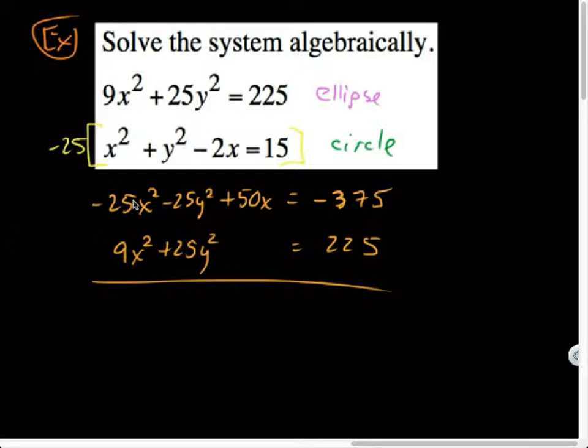So let's add these. 9x squared and -25x squared, I believe, is -16x squared? Yep. The 25y squareds cancel out. Plus 50x by the looks of it. Equals, and 375 and 225 have a difference of 150, and it's staying a negative.